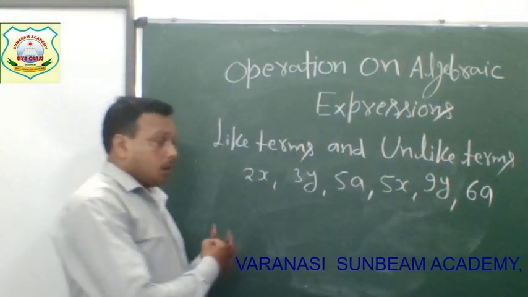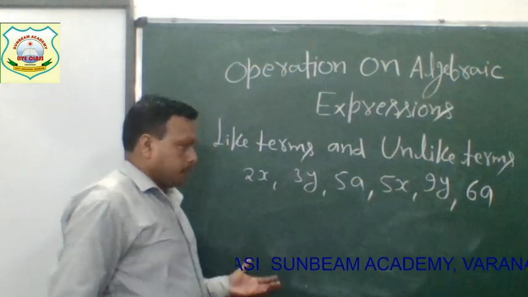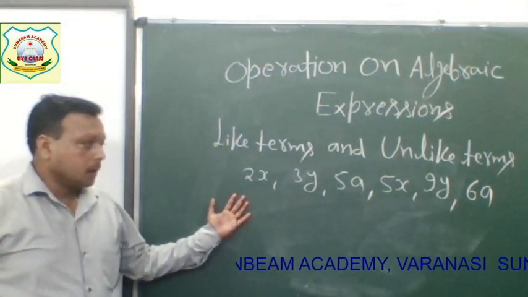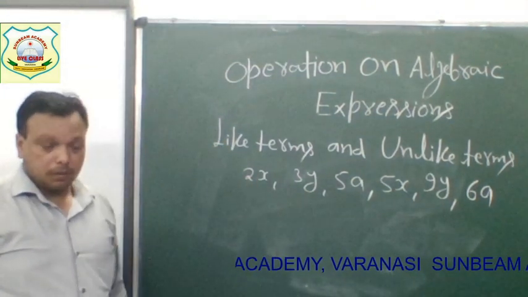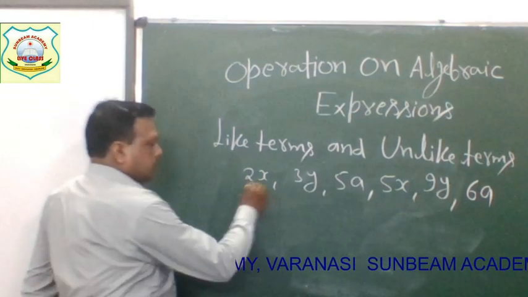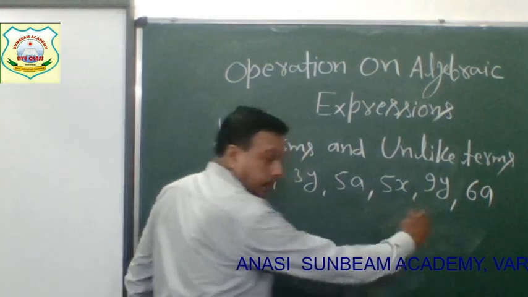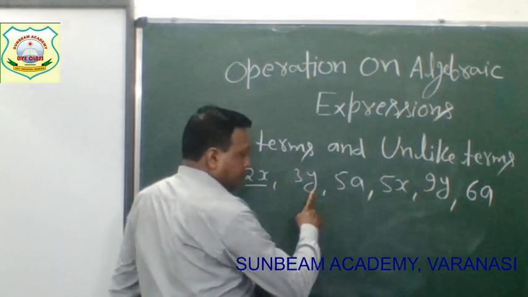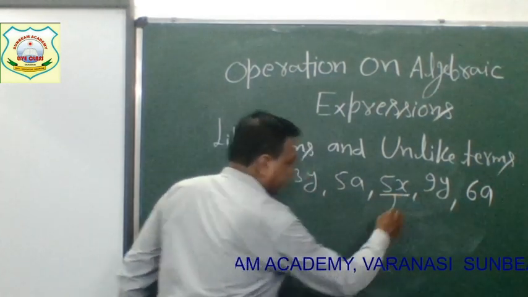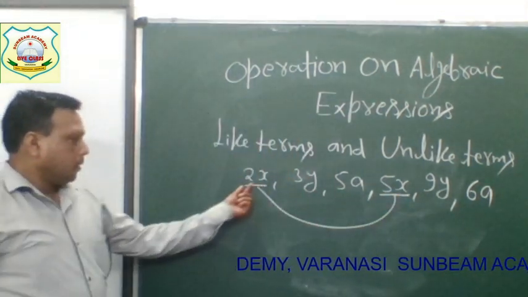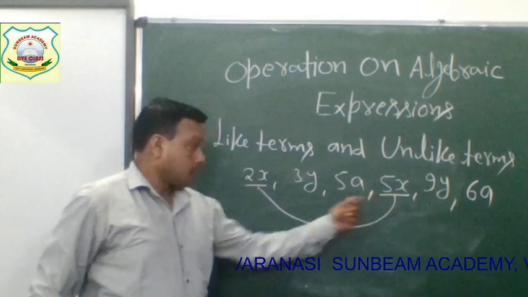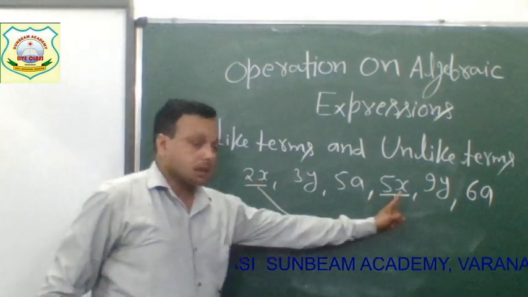We should identify how many terms have the same variable. 2x is here, then in sequence we have y, a, x. Look, the numeric values are different, but the variable is the same.